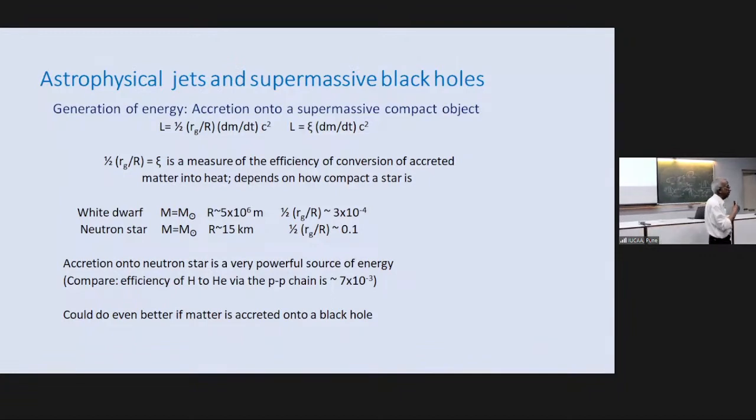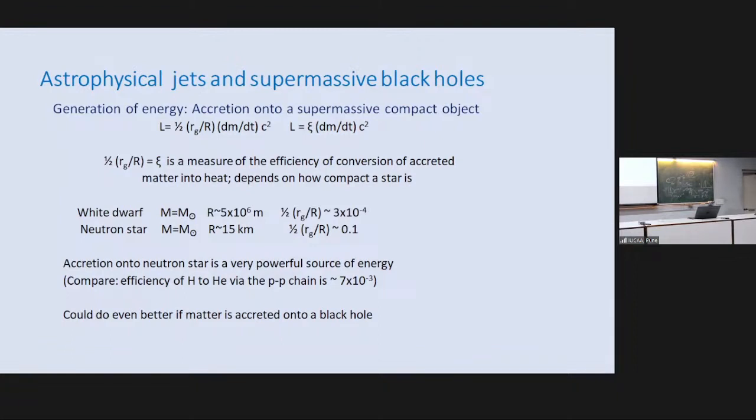And because of that angular momentum, it will spin more and more rapidly as it gets closer and closer, and it will collapse along the axis of rotation because centrifugal forces will support it over there, and you'll get a disk. And the accreting material will actually deposit energy in the disk. And the closer you can get to the last stable orbit, the more energy you'll be able to extract from the accreting material.